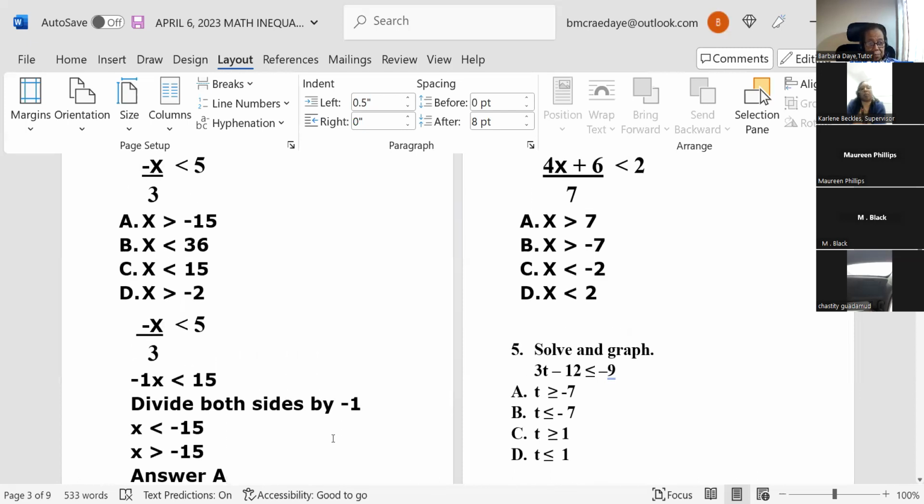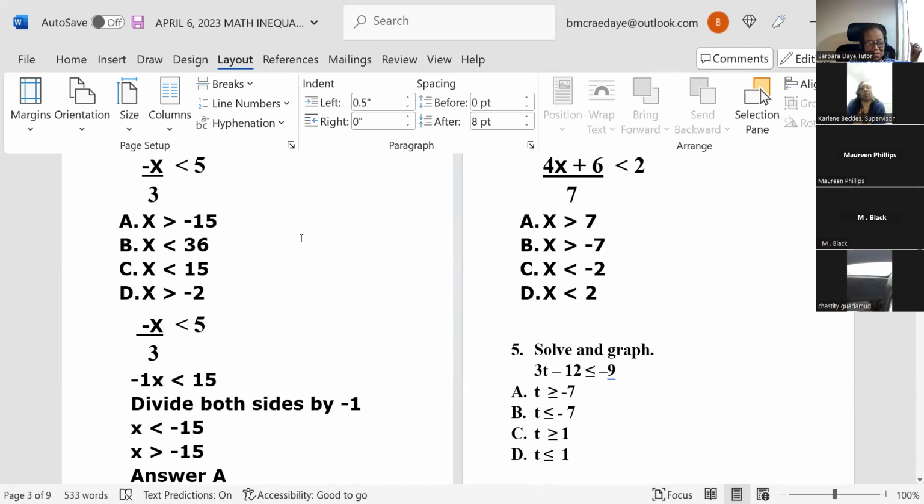Because if you had 15 over 3, you get a 5, right? -15 over 3 gives you a minus 5.